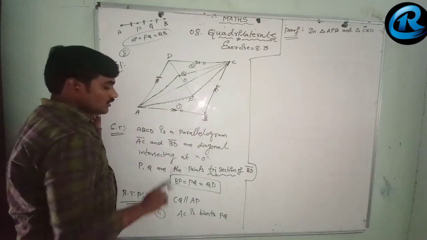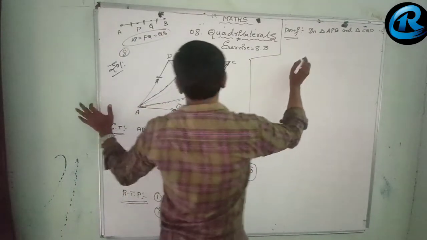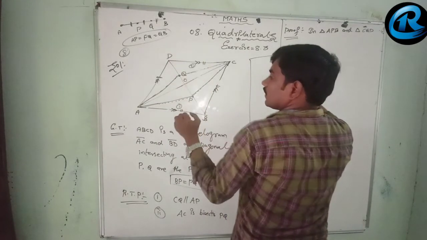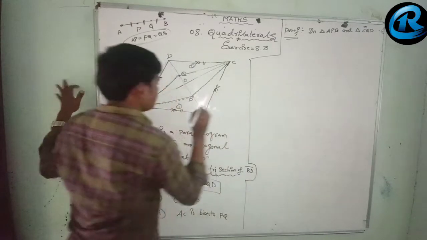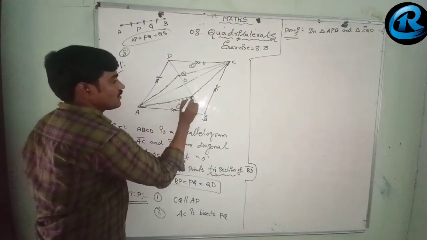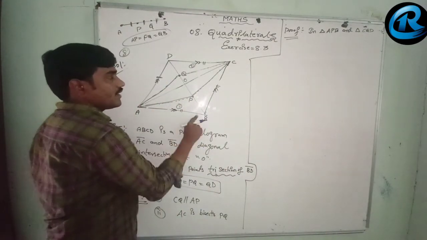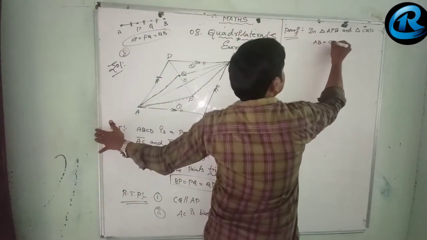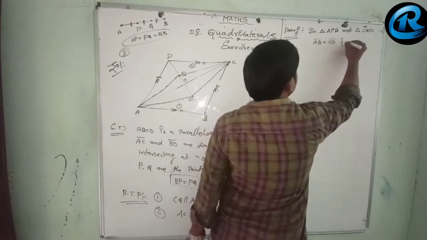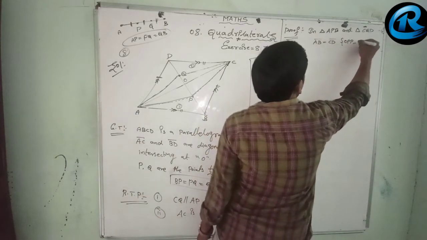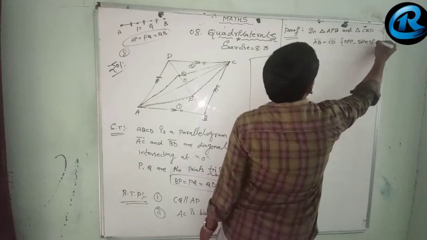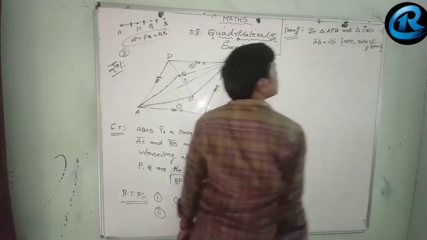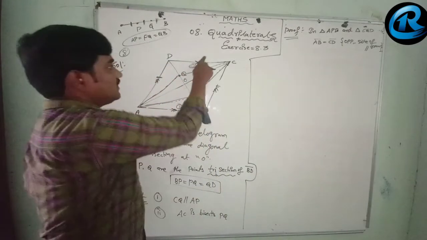So here AB equal to CD. These are the opposite sides of a parallelogram, AB and CD.